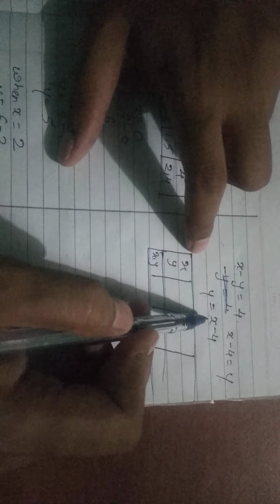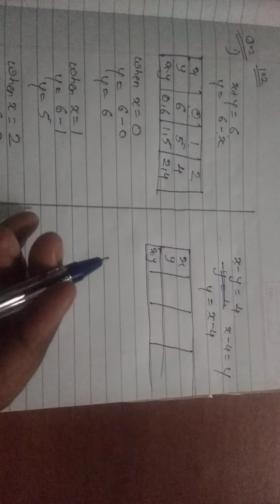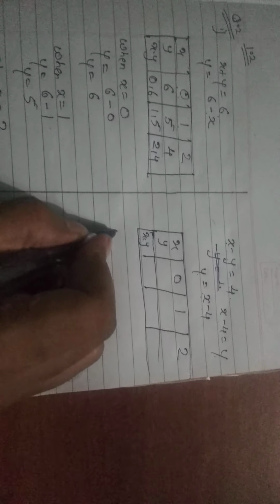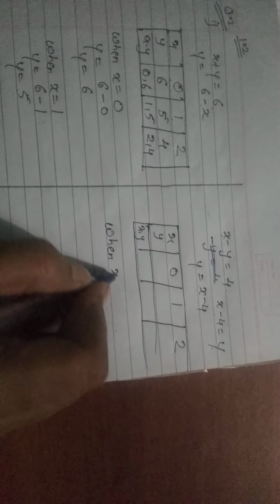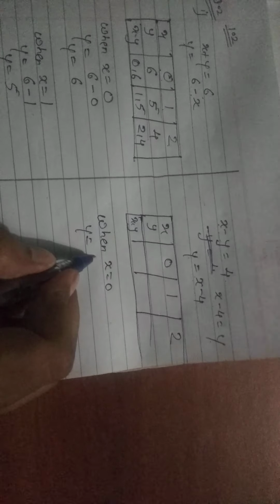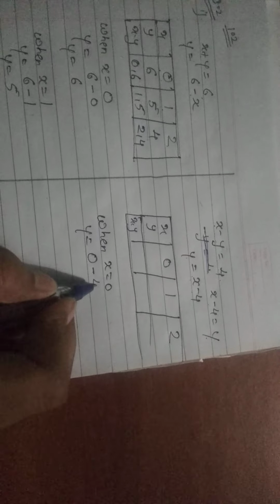So y equals x minus 4. So again we will take our own values, that is 0, 1 and 2. Same way we will substitute over here. When x equals 0, y equals 0 minus 4.